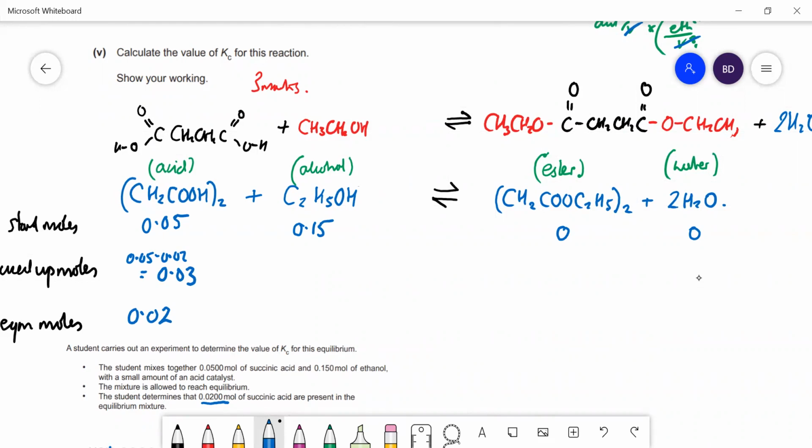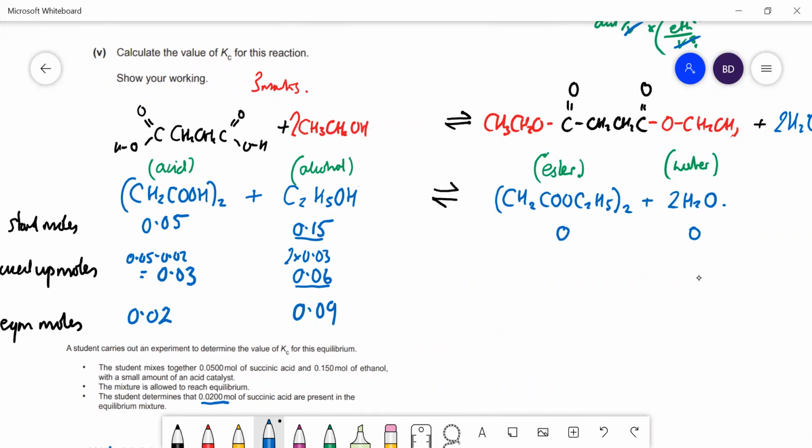Now, if you've used up that much of succinic acid, we've used up, sorry, there should be a 2 there, double that of ethanol. So it's going to be 2 times 0.03, which is equal to 0.06 of ethanol. And we're going to subtract 0.15 minus 0.06. So we have 0.09 moles of ethanol at equilibrium.